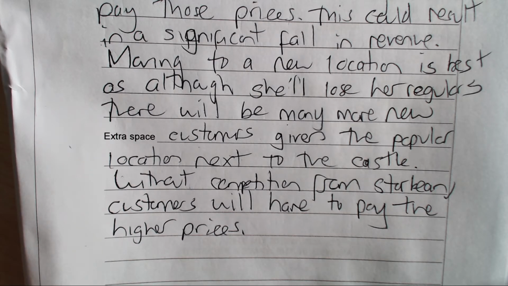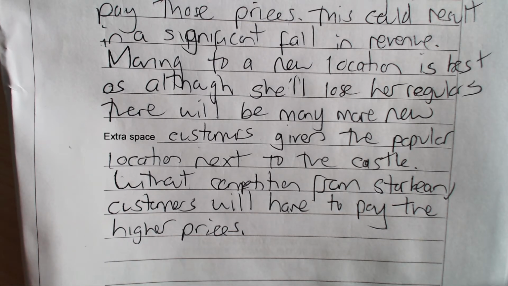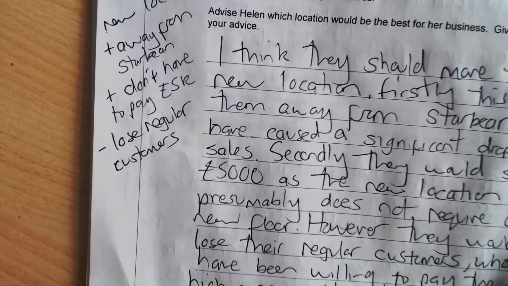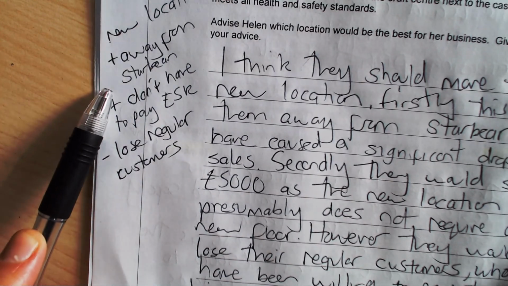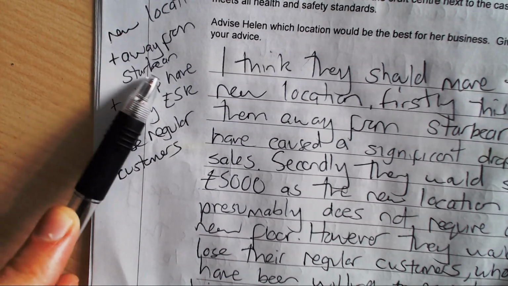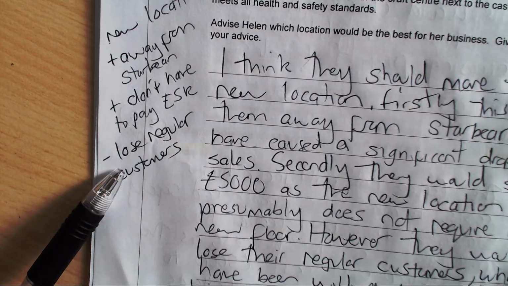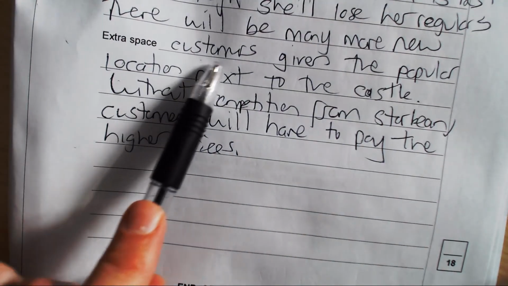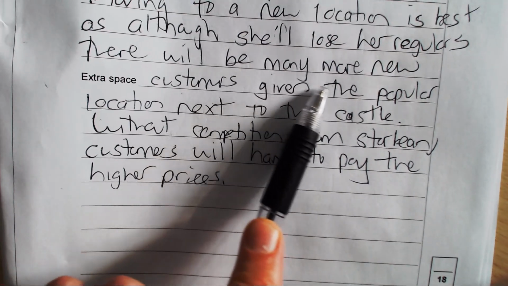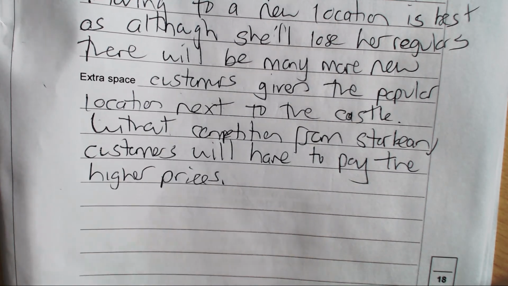They've got an alternative. By going to her new location, they don't have an alternative, and so they will have to pay those higher prices. And thus, my argument of getting her away from Starbeam is outweighing that lose the regular customers, and it's outweighing it based on the fact that we're going to a new location that's very popular without competition.